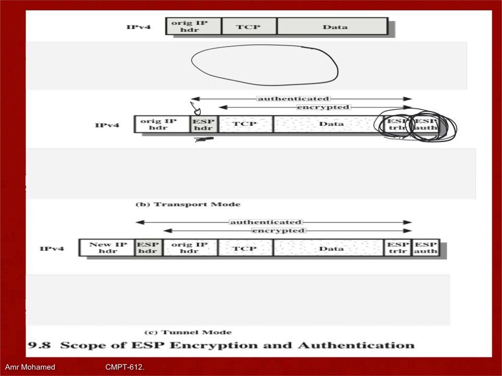Random padding is different from padding in the protocol design. In the protocol design, we use padding to align the packet length, not necessarily to make it equal, but to align it. But here, the purpose is actually to make the packet size different on purpose. Why? Security, to confuse the traffic analysis. Because as we said, for traffic analysis, if the packet size is the same, that's a piece of information that the attacker can use to try to guess the key or try to break into the communication.